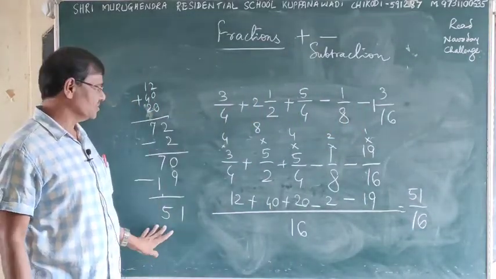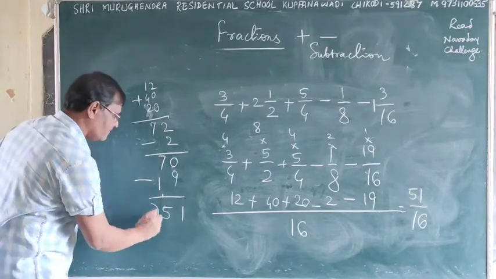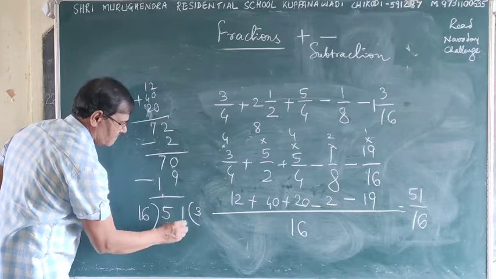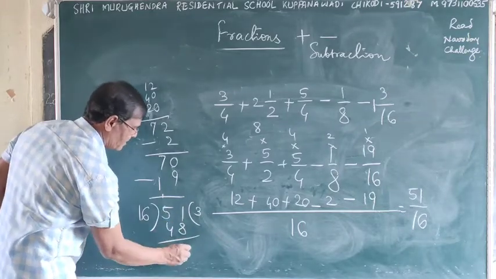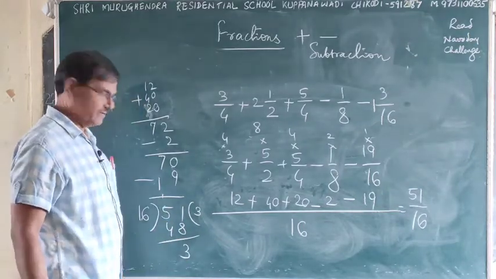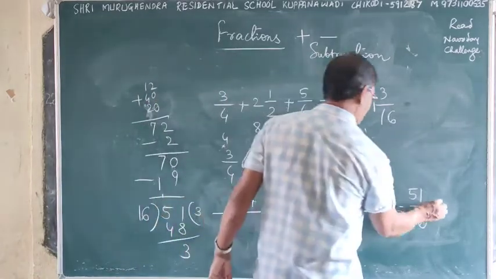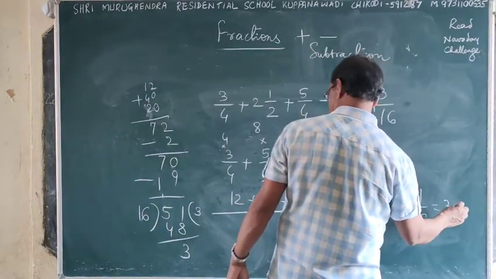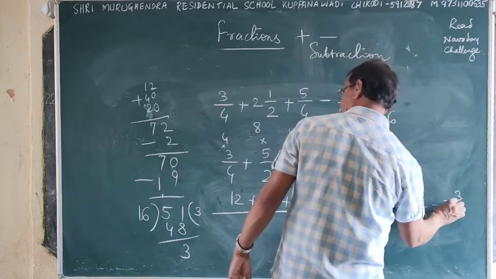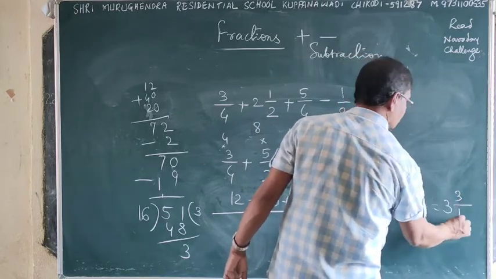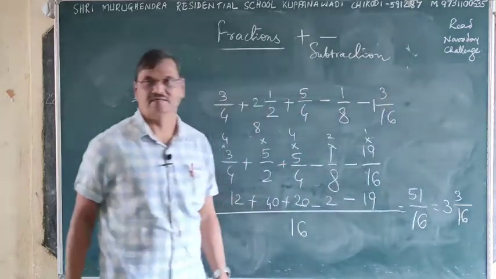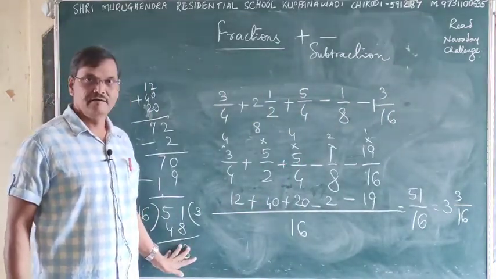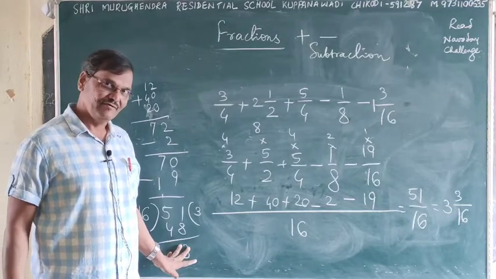Then 16 3s are 48, then remains is 3. Yes, then 3 of 3 upon 16 is the answer. Okay?